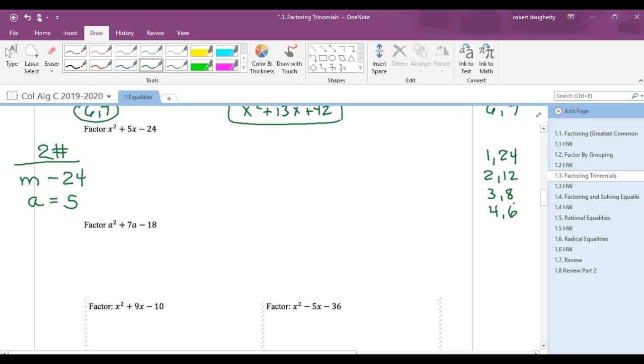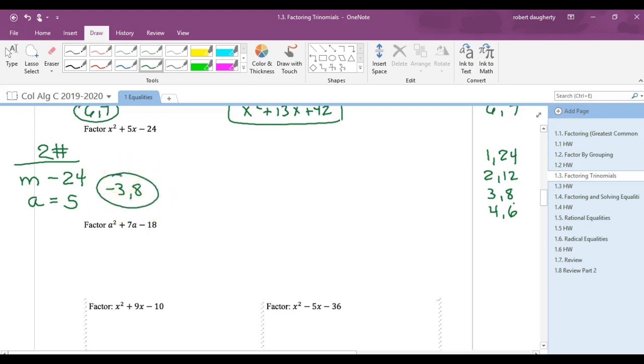Is there any way these numbers can be combined so that you get a 5? Yeah, so the negative 3 and the 8 would give you a positive 5, right? Yeah, so this tells me a negative 3 and an 8.